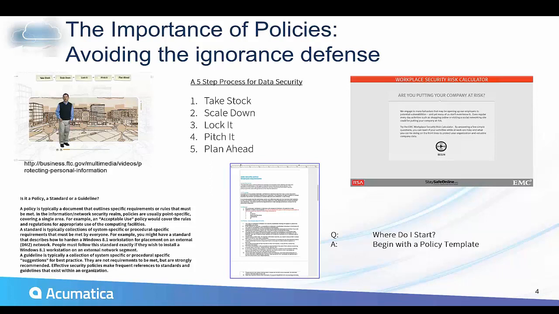So, this whole problem of solving the weakest link, which is about your people, is really about making sure that you have some of the basics in place. Now, a really great place to go is the Federal Trade Commission's website.